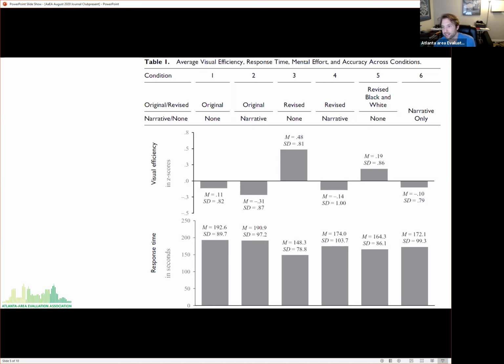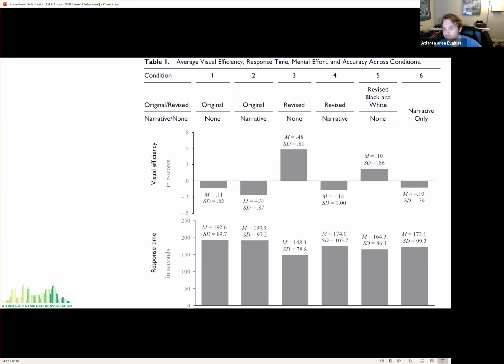Where we see things like the original with the narrative only. Even the original, it does look like it took some level of effort for people to better understand those, to use those. Then there's response time, right? This is how long it took them to report back what they knew, to actually finish reading it and understanding it.